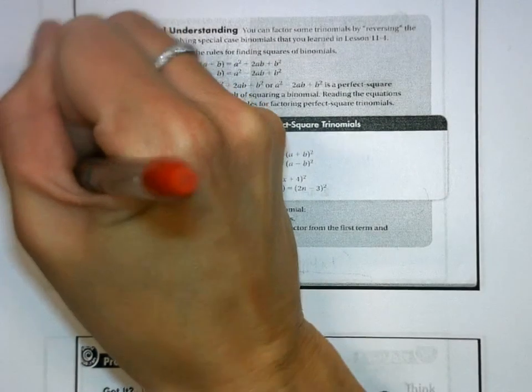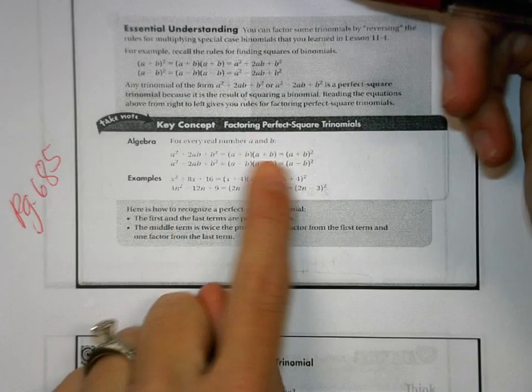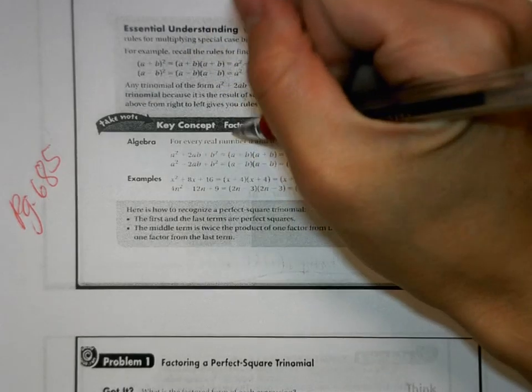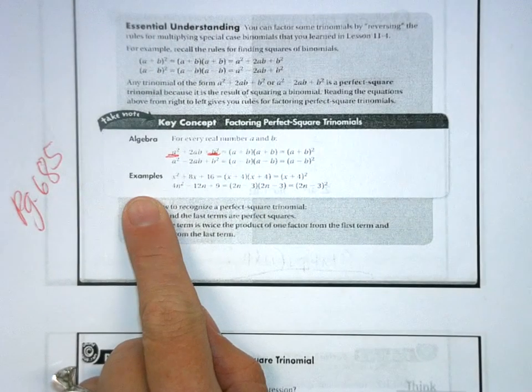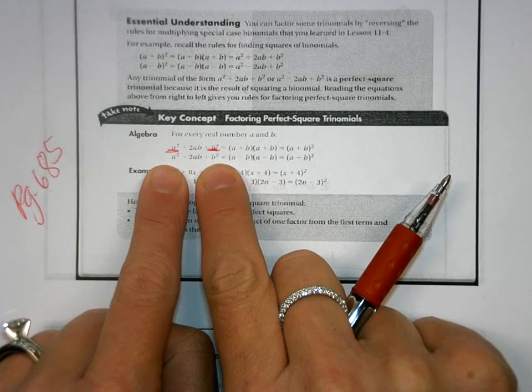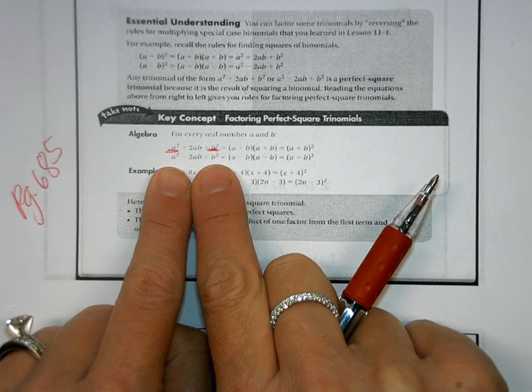We talked about this briefly yesterday. I wanted you to notice that you have a squared and b squared. When your first and last terms are squares, and then you have your middle term, these will normally factor to be perfect squares.